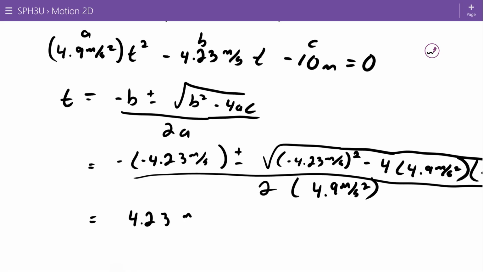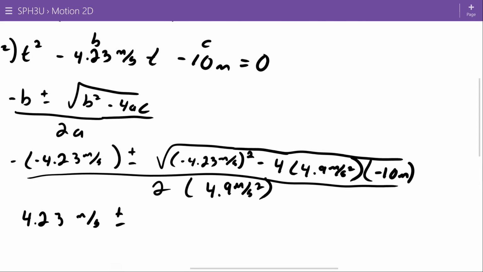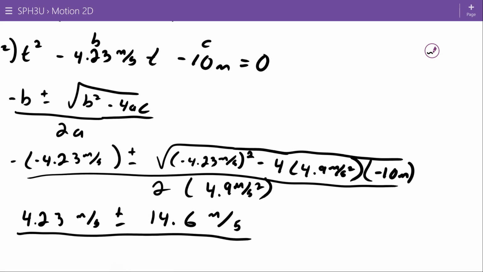4.23 meters per second plus or minus. I'm just going to save a little bit of time actually and fire through all of this all at once on my calculator. So this is all equal to 14.6. And it would have been meters squared per second squared until I square rooted it, and then it's meters per second. Divided by 9.8 meters per second squared.